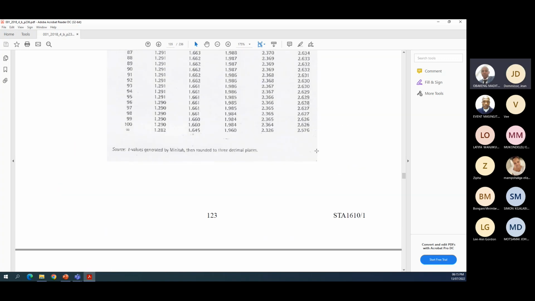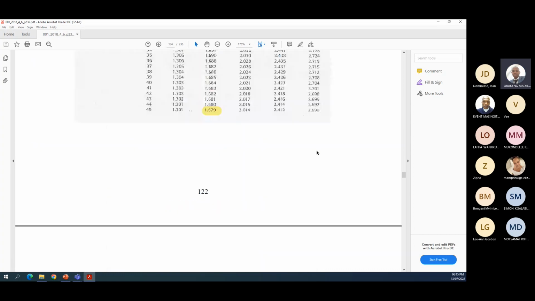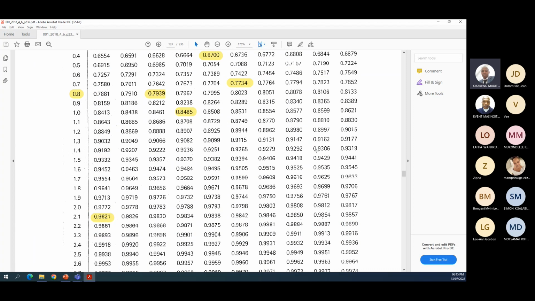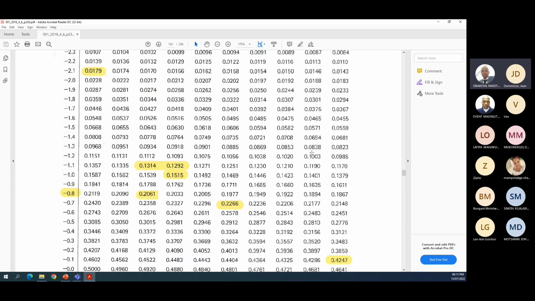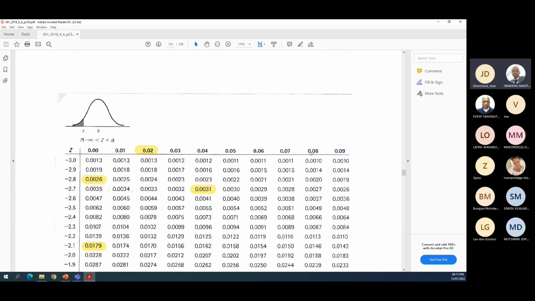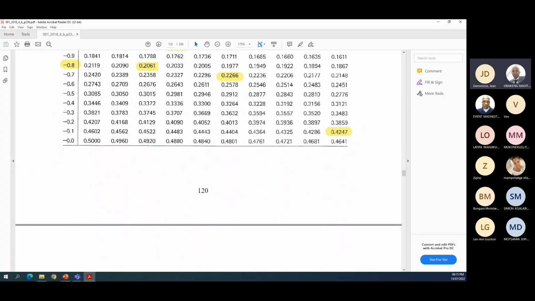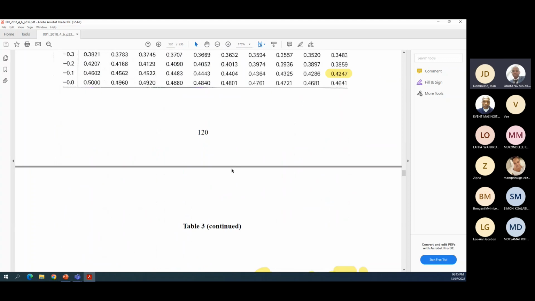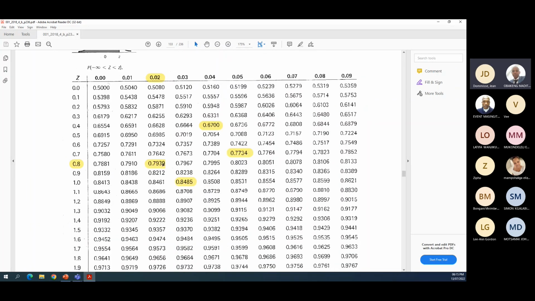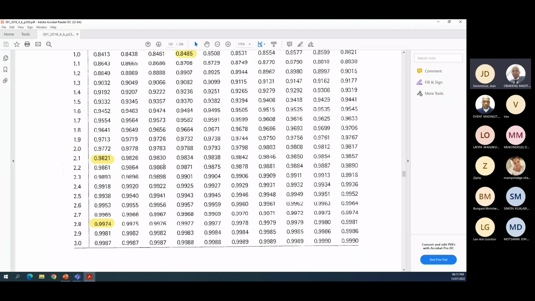Okay, study unit. You can see how I did it last year. Around pages 120, 121, it's all there in this study guide.